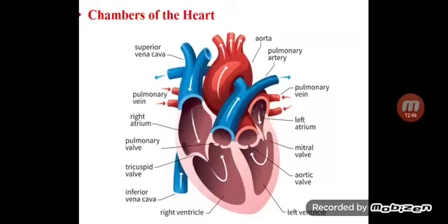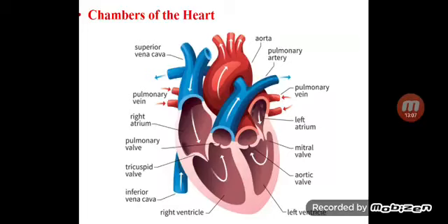The heart consists of 3 layers. The outer layer is the epicardium. It is the visceral layer of the serous pericardium, the same thing.